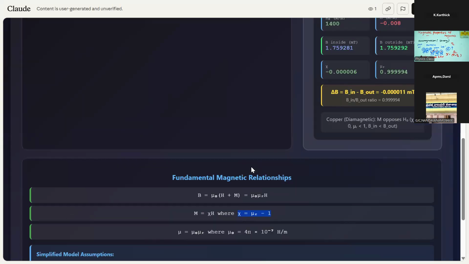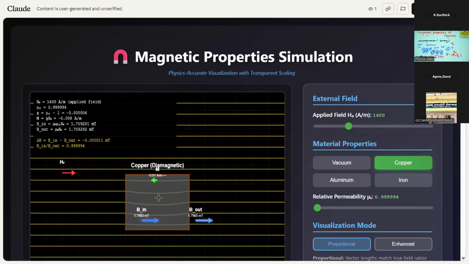If chi is positive, M adds to H naught, the external field. If chi is negative, M subtracts from H naught.